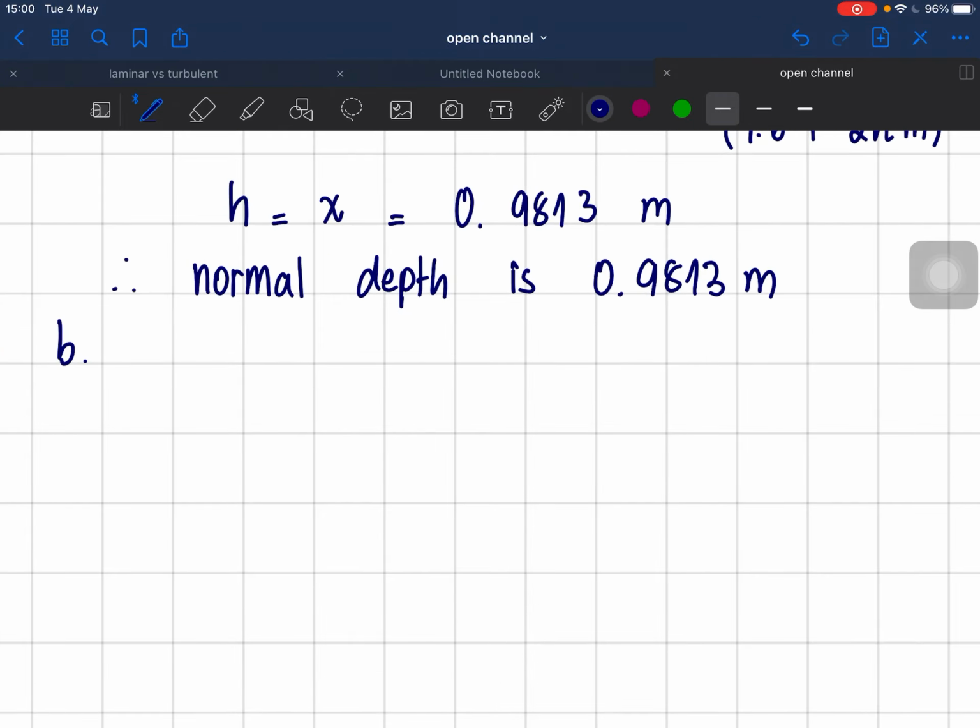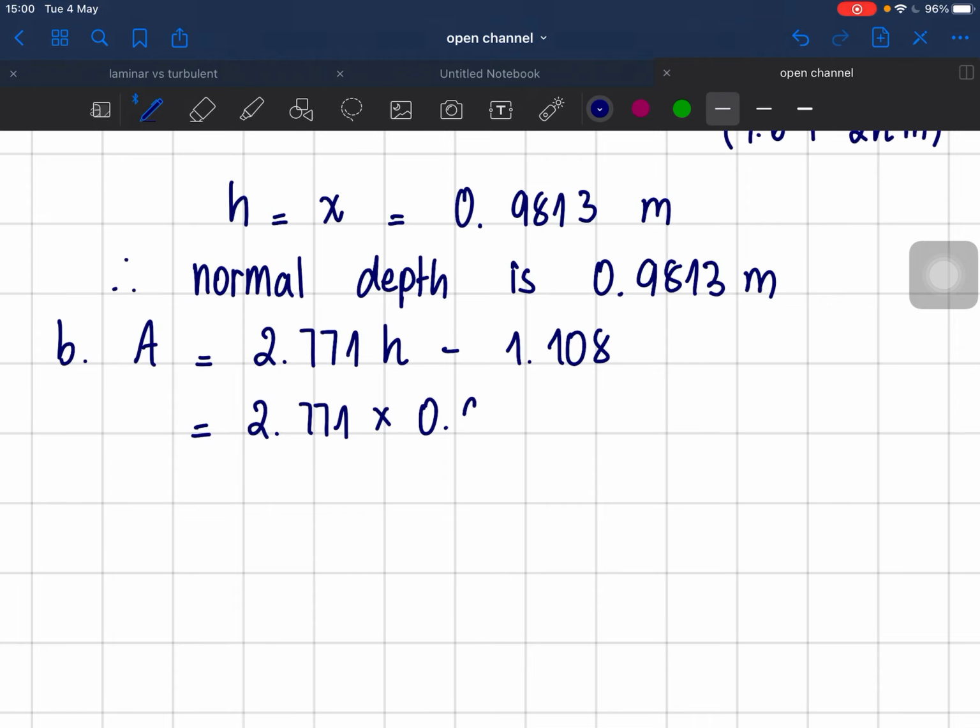So for A equals 2.771 from the upper part times X, right? And then minus 1.108. So here is 2.771 times 0.9. Oh, this is 9, right? Okay. Minus 1.109 meters square. There are only some parts that I have pre-calculated, so bear with me.